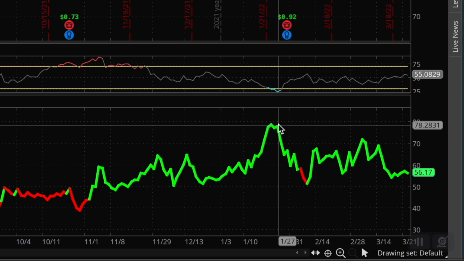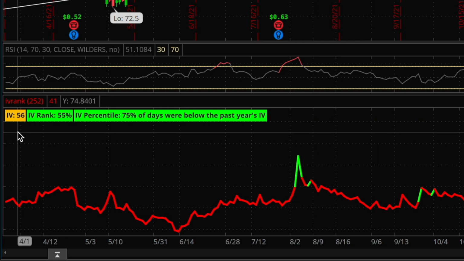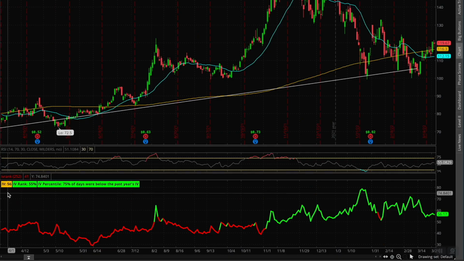So therefore, with an IV rank of 55%, and keep in mind, this indicator will always be between 0 and 100, this means the IV right now for AMD is basically right in between the low and the high of the past 1 year. And you can also confirm that just by taking a visual look at this chart here. So again, the current value is right there, and yeah, it's definitely pretty much right in between the high and the low over the past 12 months. So that's definitely not bad, but still not amazing.